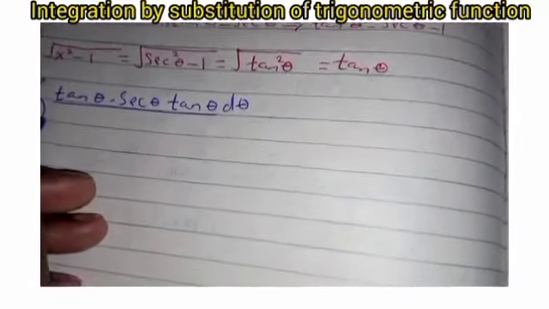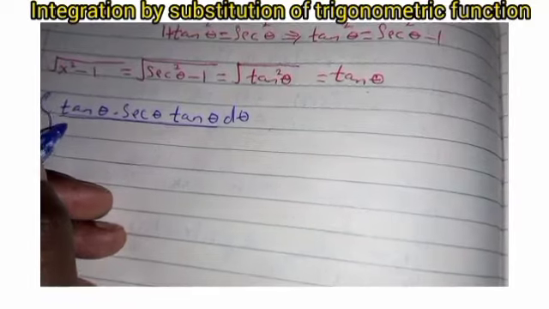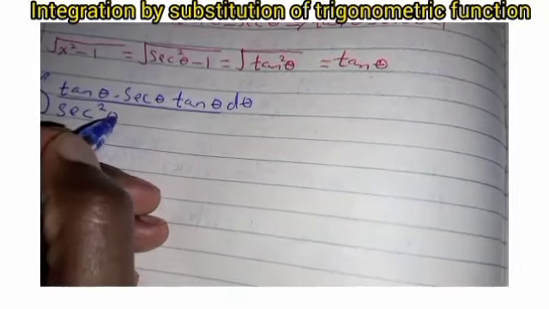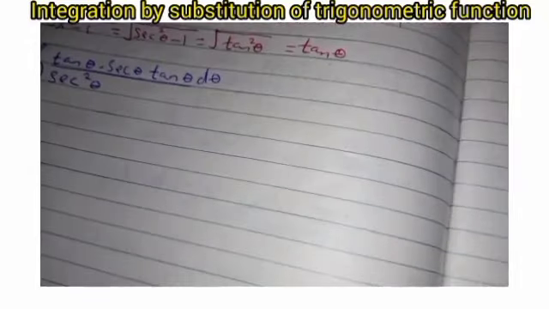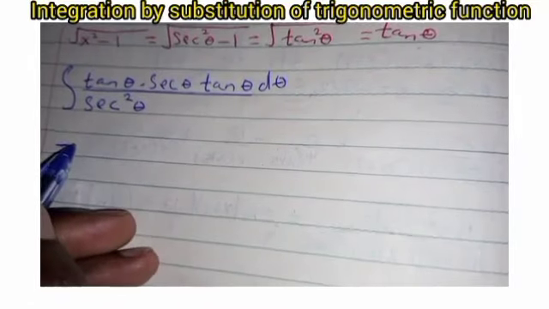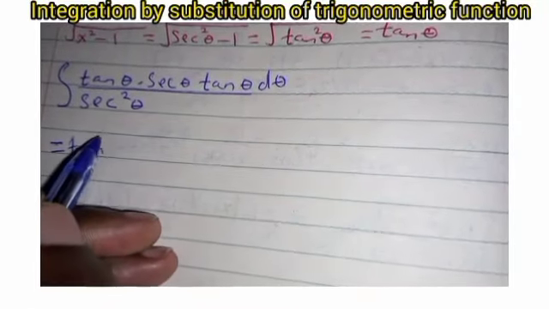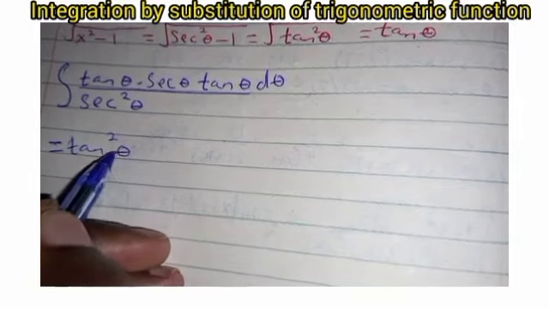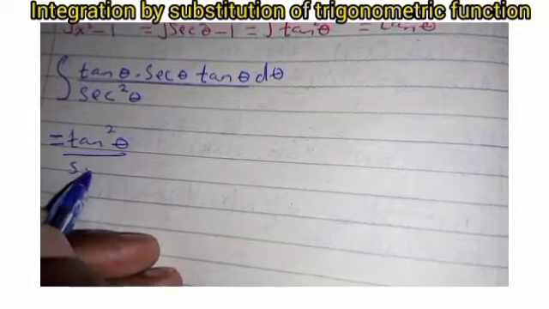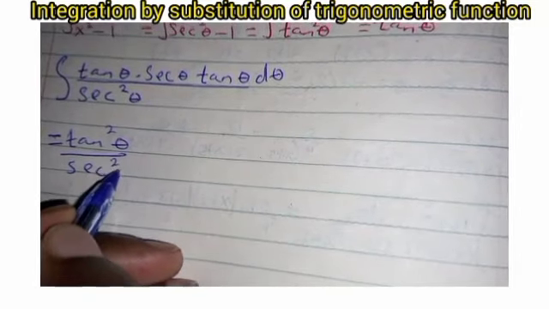So we have x squared, meaning that we are going to have sec squared theta. This will simplify to tan squared theta divided by sec theta.